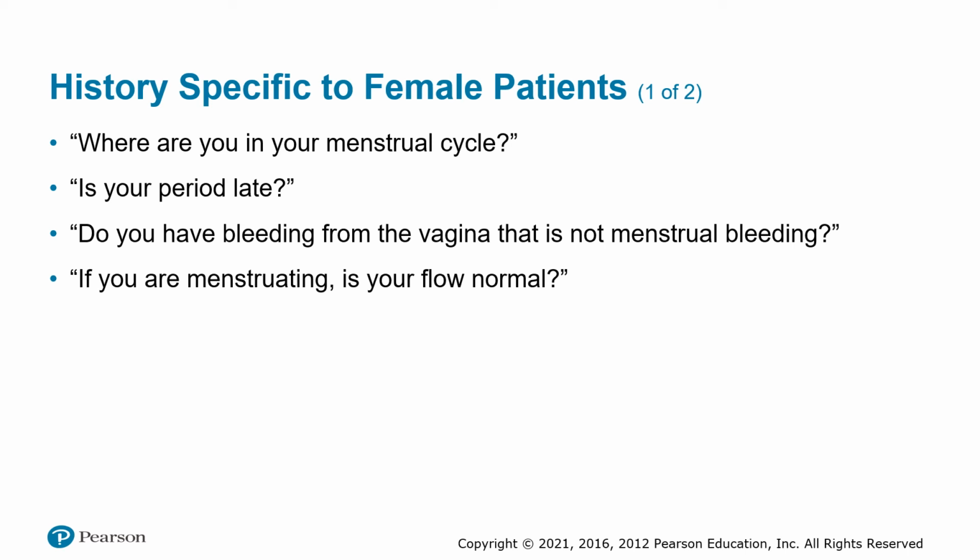Do you have any kind of bleeding from the vagina that is not menstrual bleeding? And if you are menstruating, is your flow normal? These are all questions to try and figure out if maybe we have an ectopic pregnancy. And with any female complaining of abdominal pain from the ages of 8 to 80, you're going to ask if there's a chance that they could be pregnant.